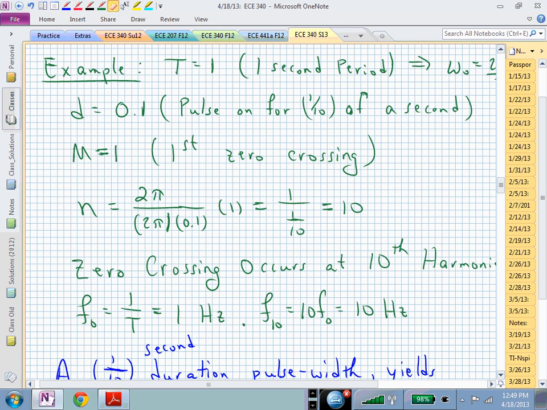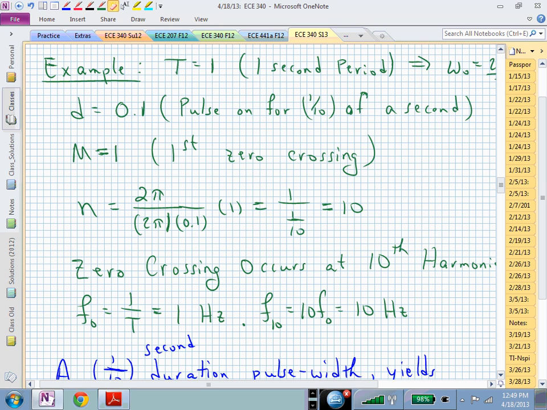So most of our frequency content in this pulse train, which has a period of 1 second with a duty cycle of 10%, so the pulse is lasting 1/10 of a second, gives us frequency content essentially out to 10 hertz.